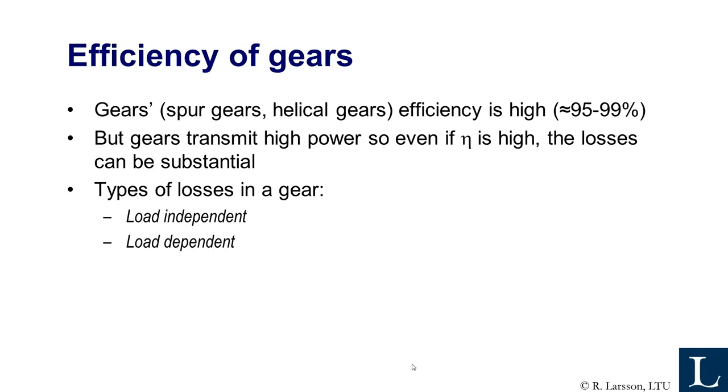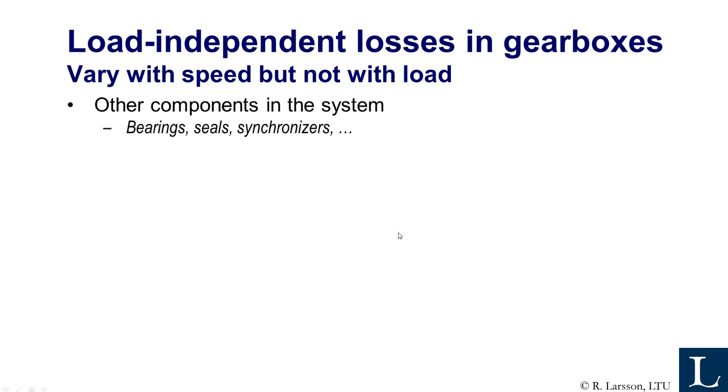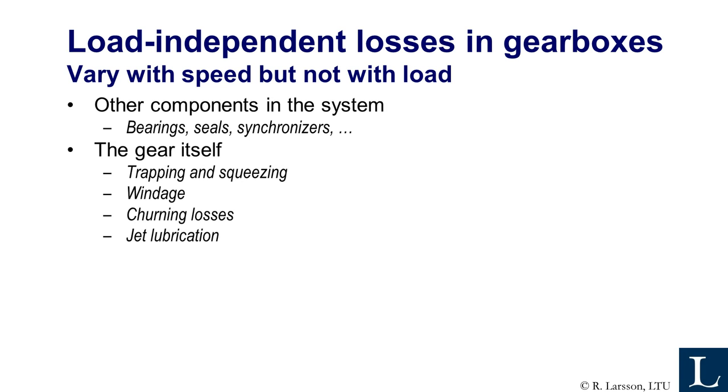And I will discuss now briefly two types of losses. That's load independent and load dependent. Starting with load independent, those are the losses that may vary with speed, for example, but they don't vary with load, of course. And typical examples are those I already mentioned: bearings, seals, the synchronizers, the drag in that, but also the things around the gear, like the churning loss, the oil splash, windage, trapping and squeezing.